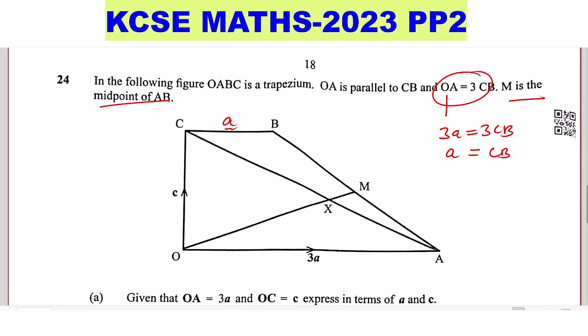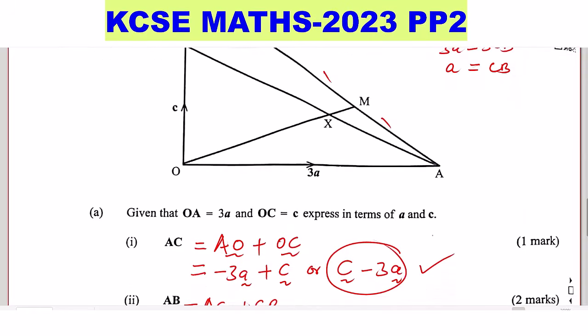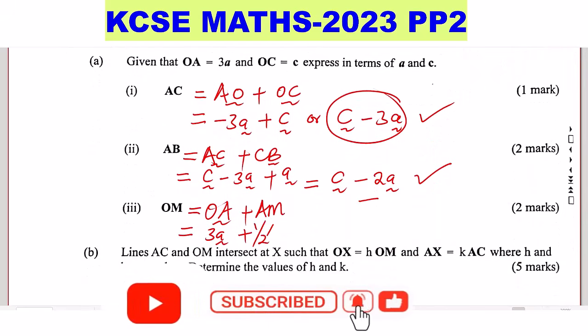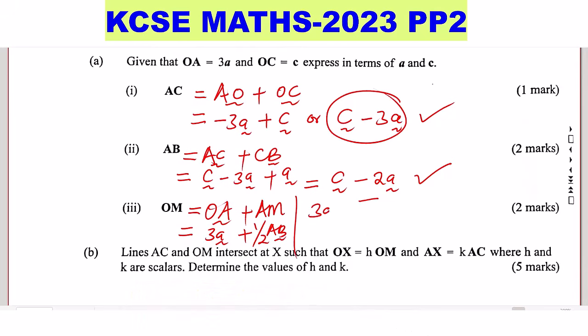So if that is the midpoint, then it divides AB in the ratio 1:1. So therefore AM is a half AB. So therefore we have 3a plus a half AB. AB is already here in part 2 as c minus 2a.